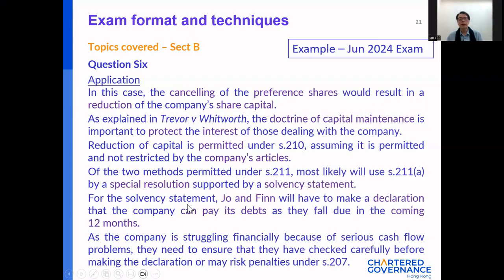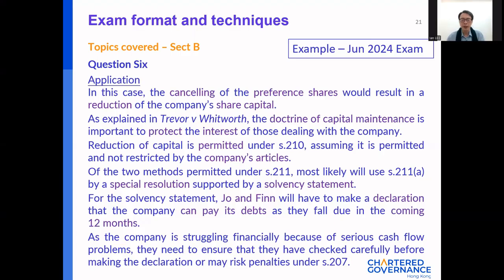Okay, so we have now gone through the relevant rules. We can now apply them to our story. So in this case, the cancelling of the preference shares would result in a reduction of the company share capital. So as explained in the court case, the doctrine of capital maintenance is important to protect the interests of those dealing with the company.